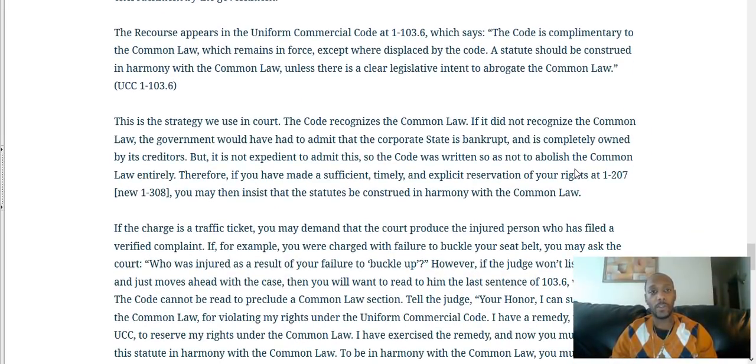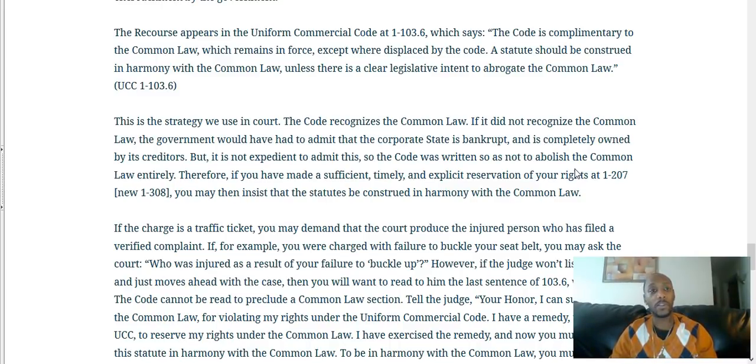The recourse appears in the Uniform Commercial Code at 1-103.6, which says the code is complementary to common law, which remains in force. For those people that keep saying that the UCC is not enforceable, or the UCC is not used anymore: the code is complementary to the common law, which remains in force, except when displaced by the code.